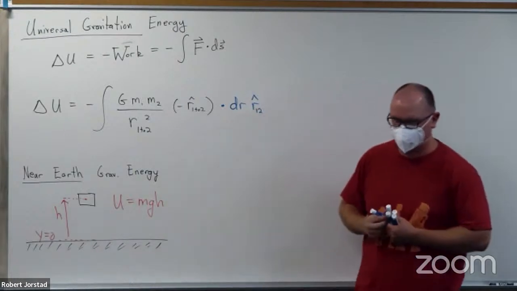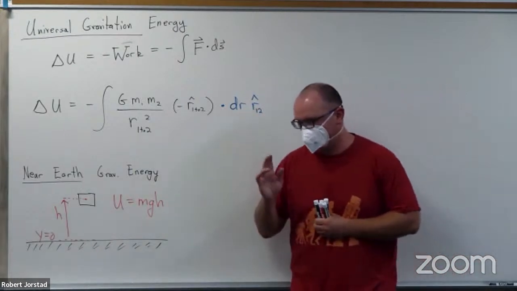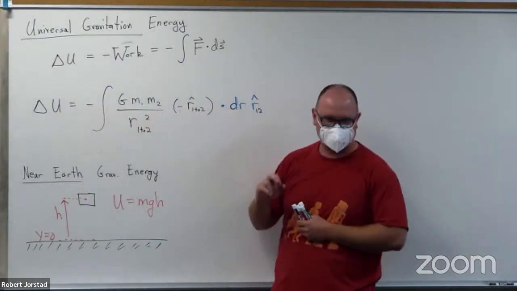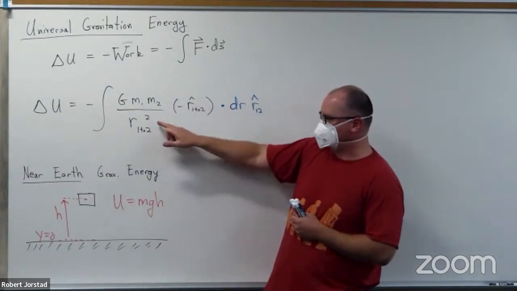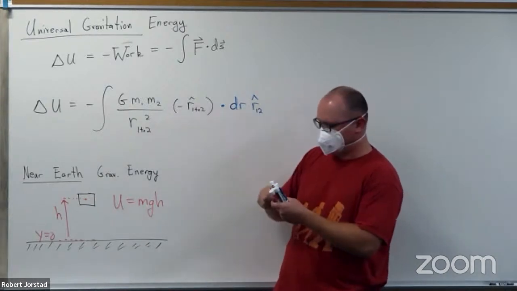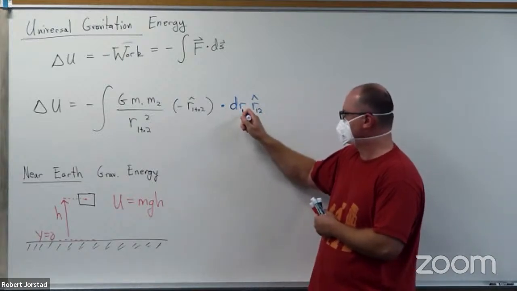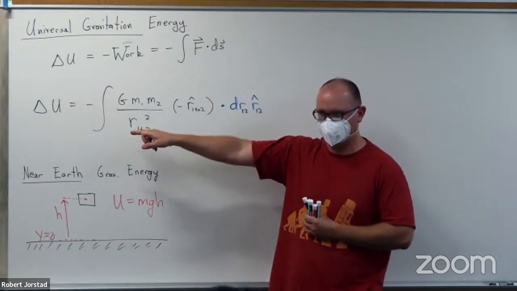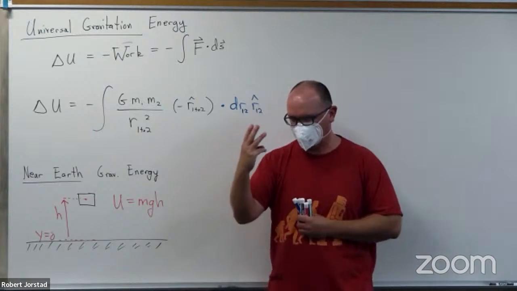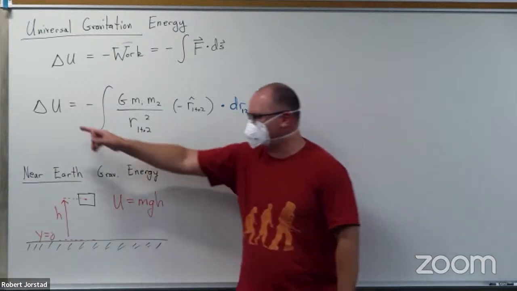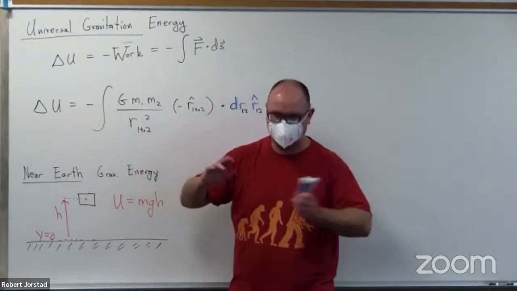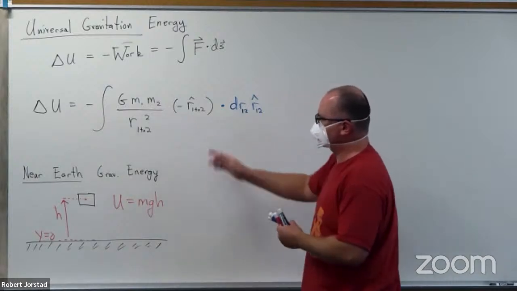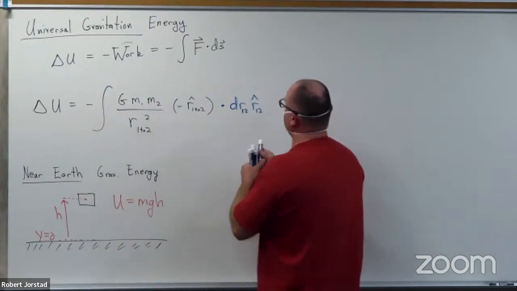Now again, I'm not going to expect you to do this derivation, but just hear me out. You see there's a minus sign here, and there's a minus sign here, and they're going to cancel, right? But then, do you agree when you integrate this, if we have an R 1 to 2 here, I'm going to get another minus sign because this is a negative power. Do you agree? So there's 3 minus signs, and that's just what I wanted to point out. And then remember there's a delta U, so there's a final minus initial, and there's other stuff. We could do this derivation later. But in the end, when you integrate, this is going to go to a first power, and it'll be negative.